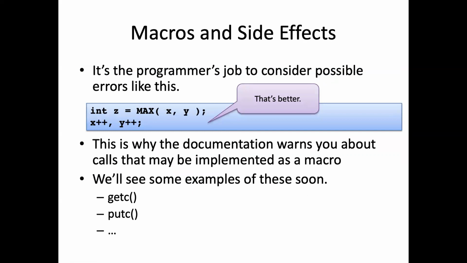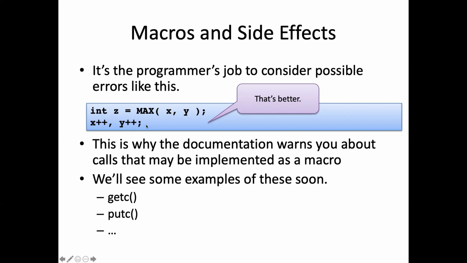If you're using a macro, then you've got to be careful not to pass in any parameters that have side effects. The code we were just looking at, if you want to compare x and y, and you want to increment them, and you know that max is implemented as a macro, then you better do the increment as part of a separate statement.